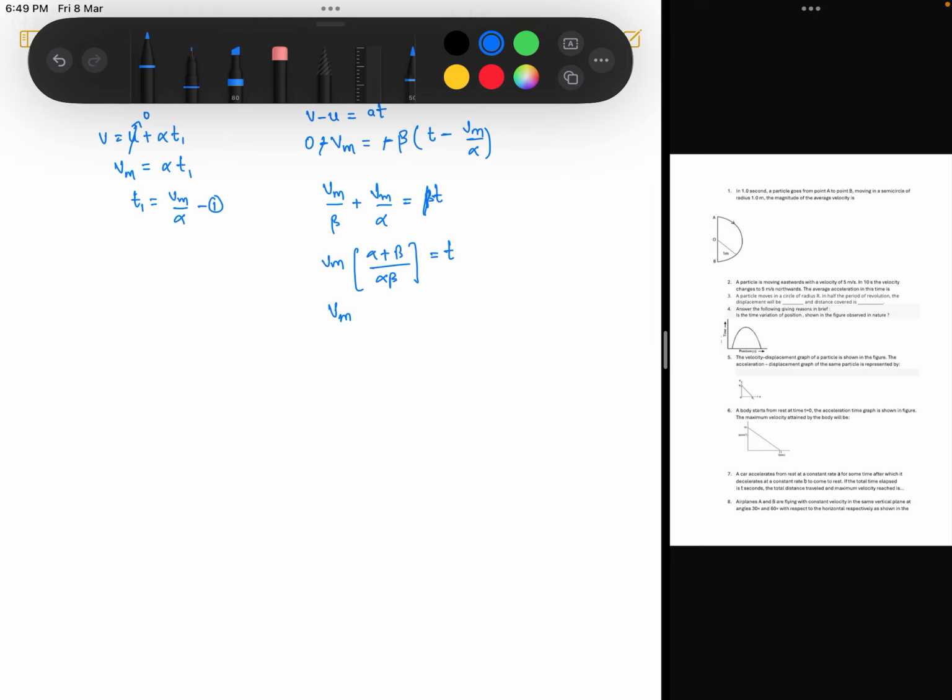We can take Vm common here. So we get the V maximum attained by the particle is alpha beta into total time t divided by alpha plus beta.